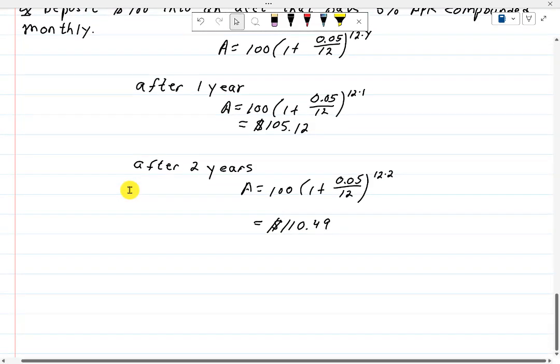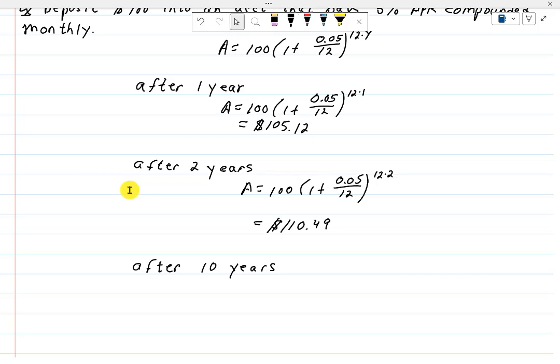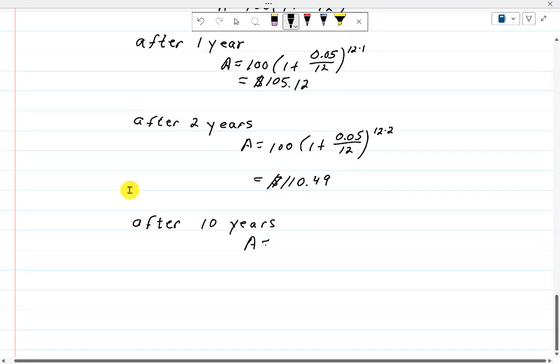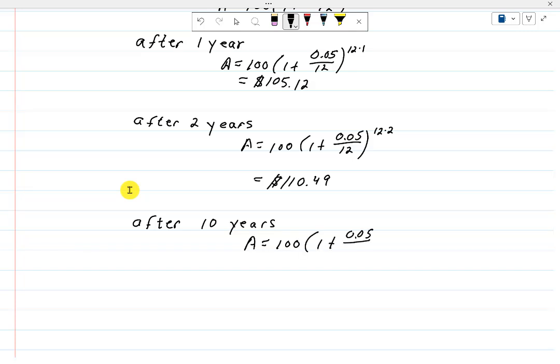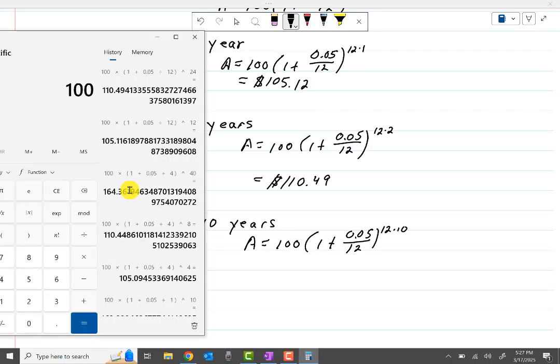And then after 10 years, like the other ones, here we'll have A is 100 times 1 plus 0.05 over 12 to the 12 times 10. 100, start my parenthesis, 1 plus 0.05 divided by 12, finish my parenthesis, and then raise that to the 120th power, and enter.